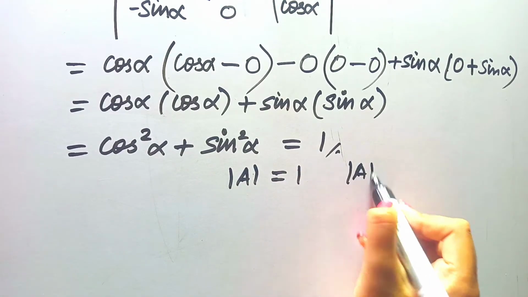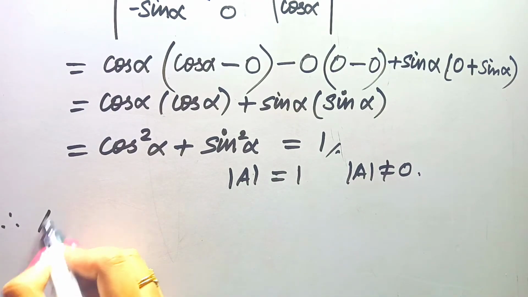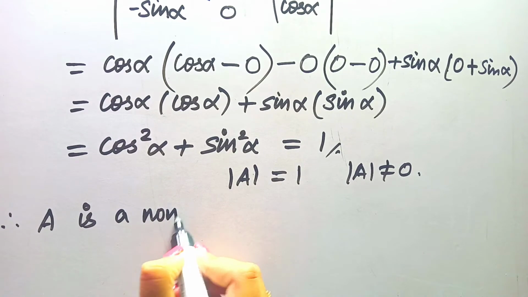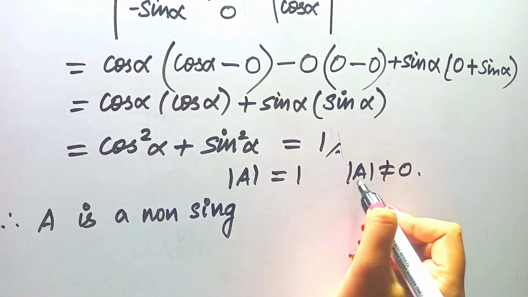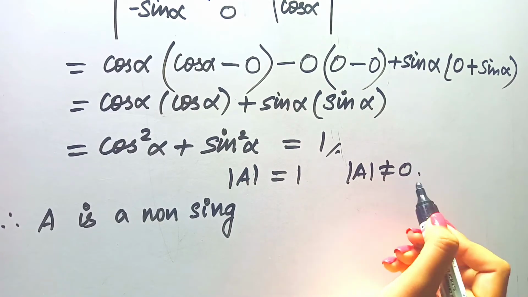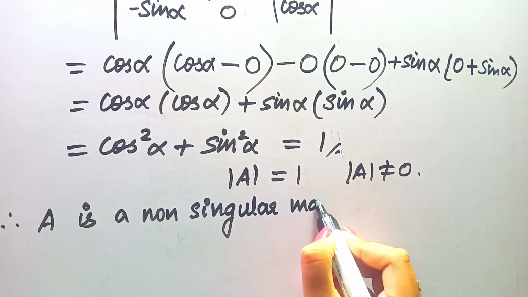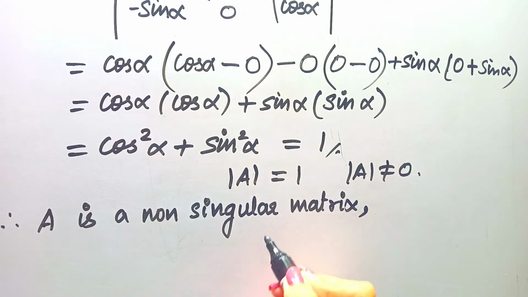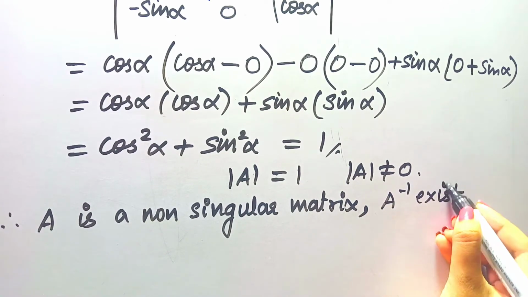So determinant of A is not equal to 0, therefore the matrix A is a non-singular matrix. So what is non-singular? It has to satisfy the condition determinant of A is not equal to 0, right? So non-singular matrix. By our theorem we know that if A is a non-singular matrix, then A inverse exists.